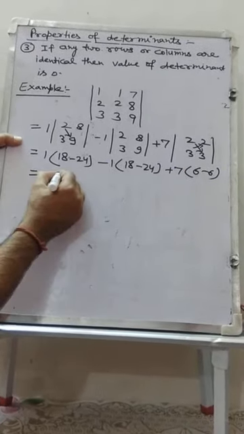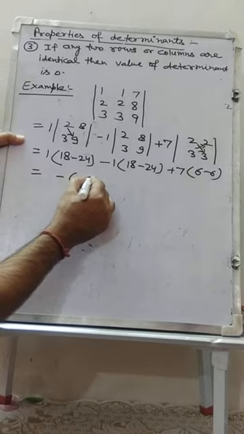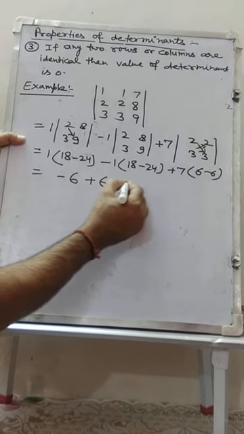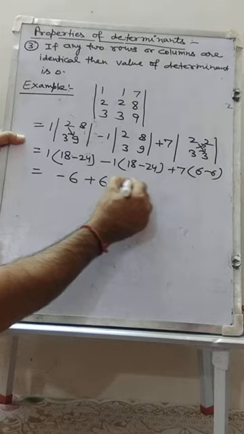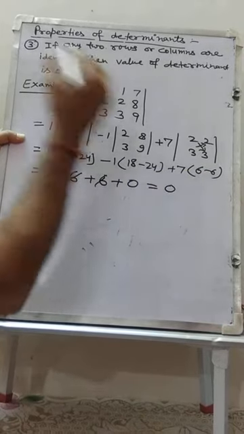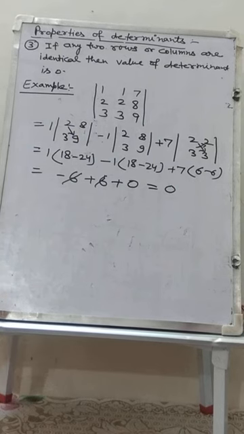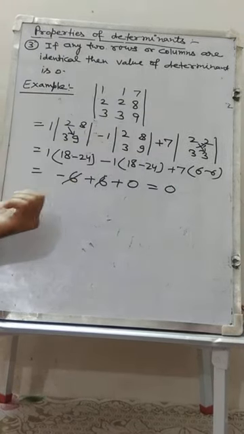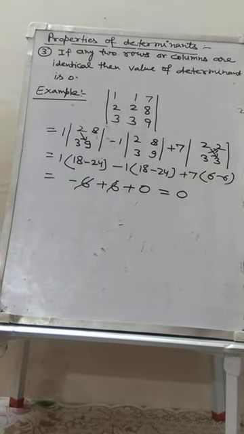So this equals minus 18 plus 18 plus 7 into 0, that is 0. So the value of the whole determinant is 0. Whenever any two rows or columns are identical, the value of the determinant is 0.